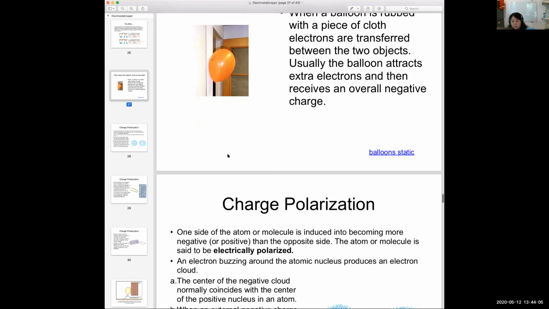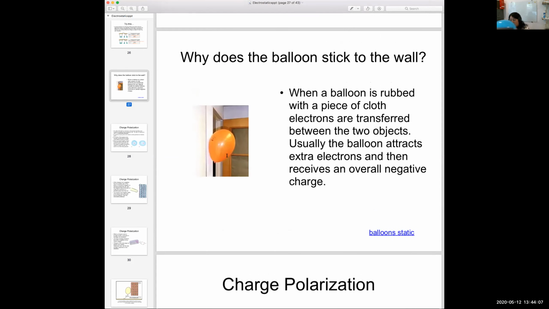Charge polarization. Insulating materials do not have any free electrons. Conductors have free electrons, which means an electron can move from one molecule to another freely. Depending on the resistivity, but they can move, hopping from one molecule to another inside the material.